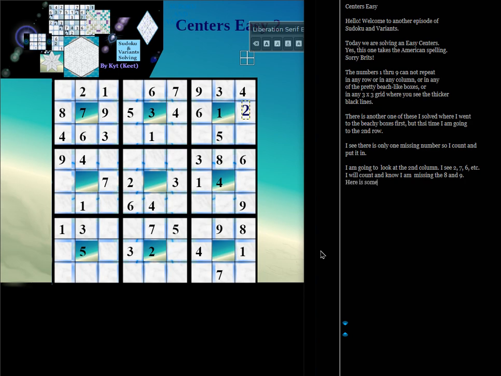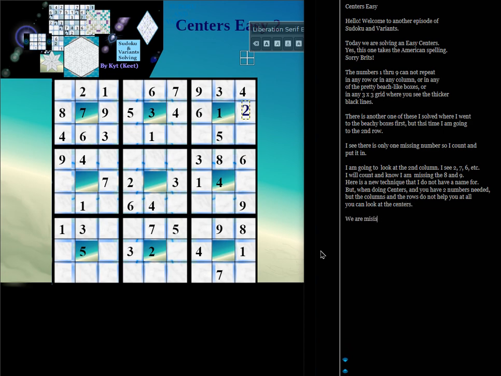Here is a new technique that I do not have a name for. But when doing centers and you have 2 numbers needed, but the columns and the rows do not help you at all, you can look at the centers.